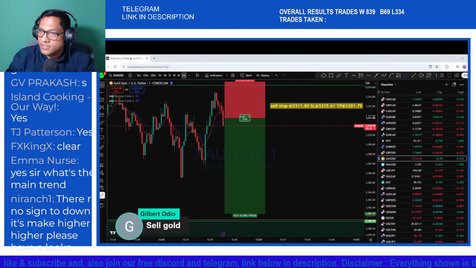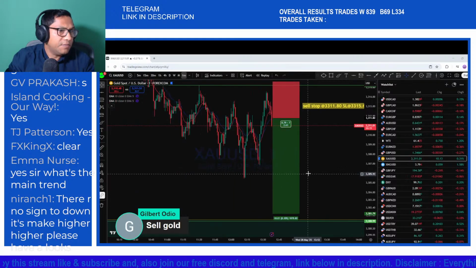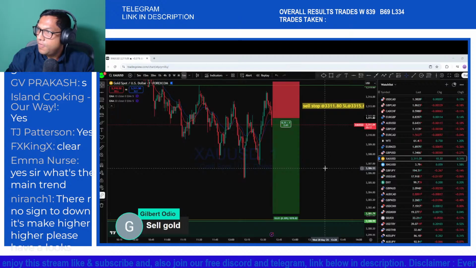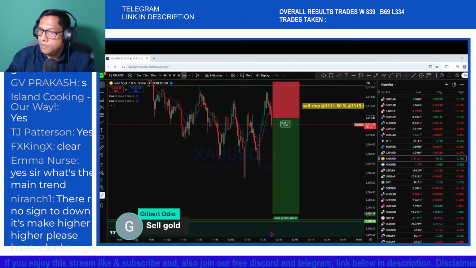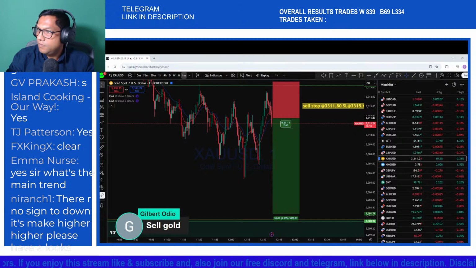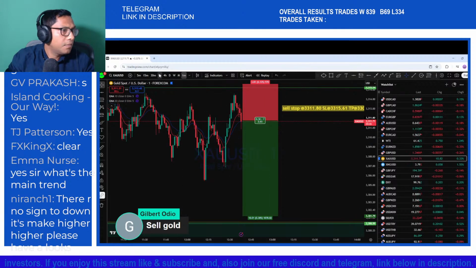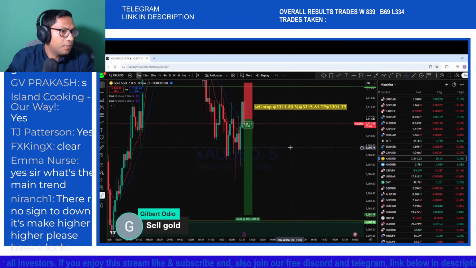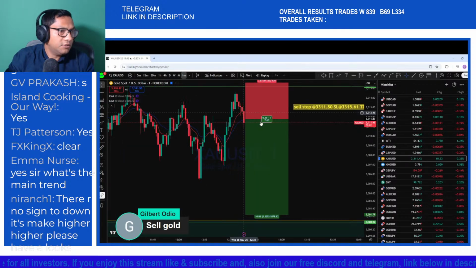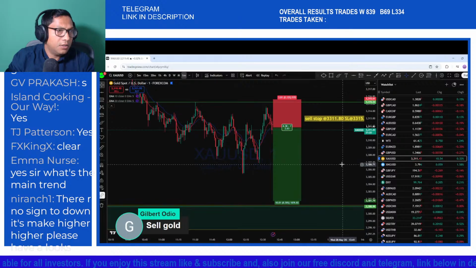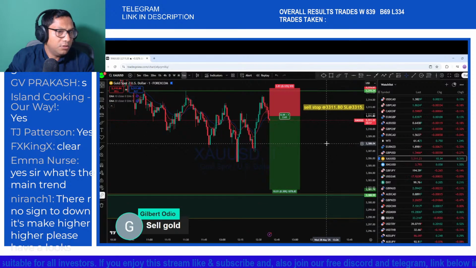Okay, so my trade is active, just been triggered. All right, so we can see that it's triggered and it's active now, running in little profit. On the trade, and because there is a possibility for coming down, holding it.